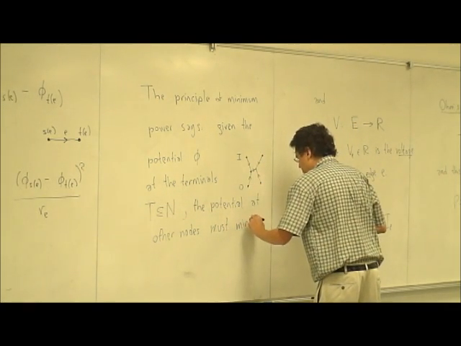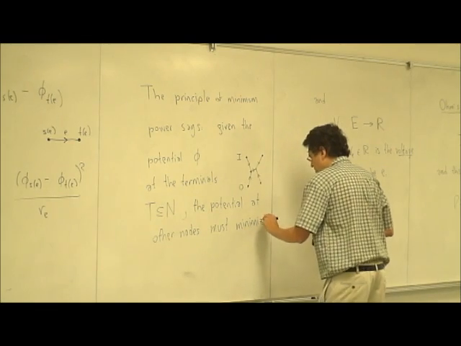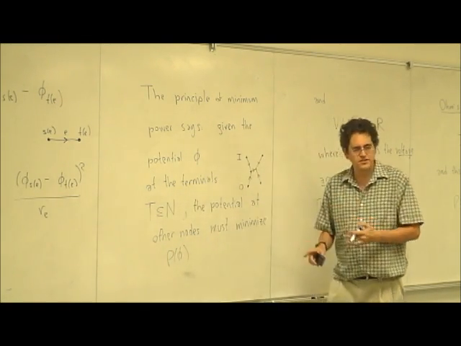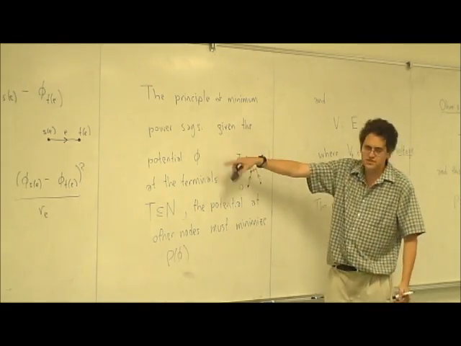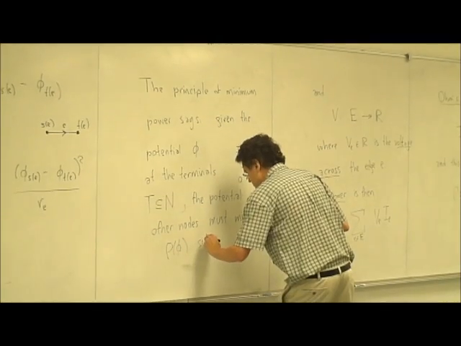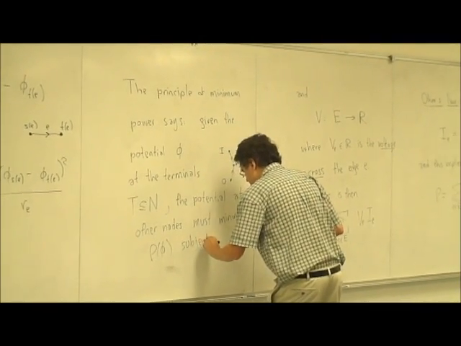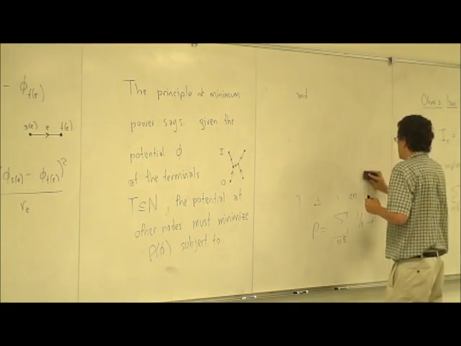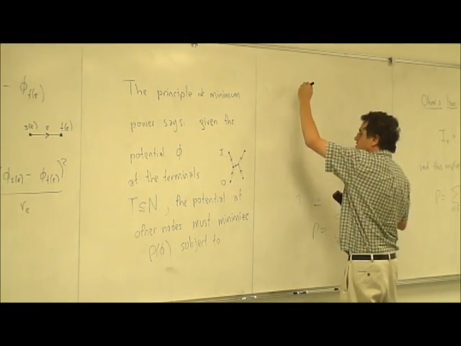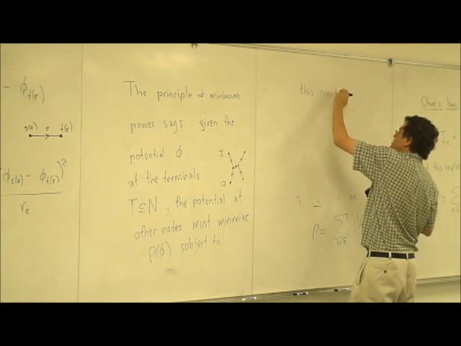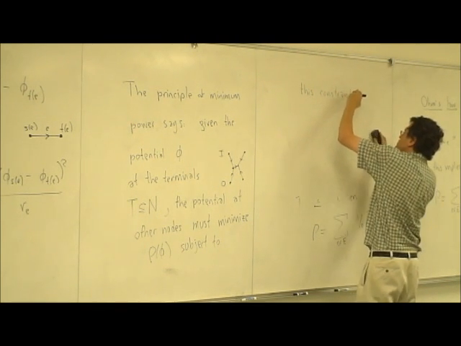It must minimize P of V, subject to the constraint that it equals what you said it equals on the terminals. So we're doing minimization subject to a constraint.